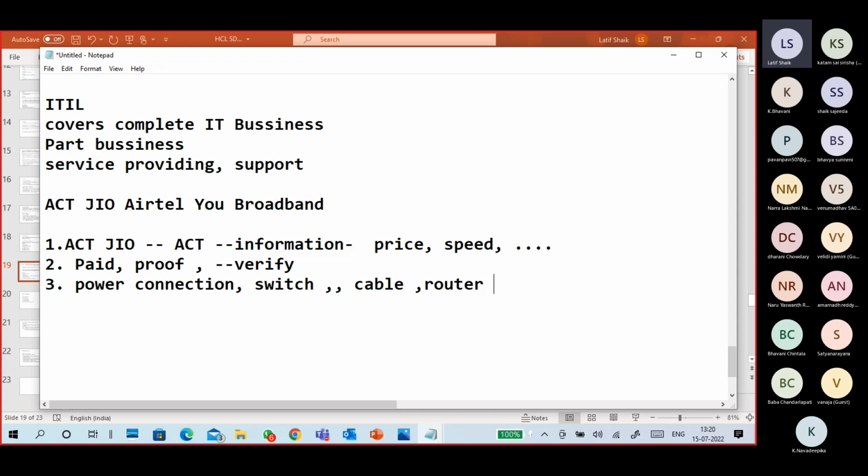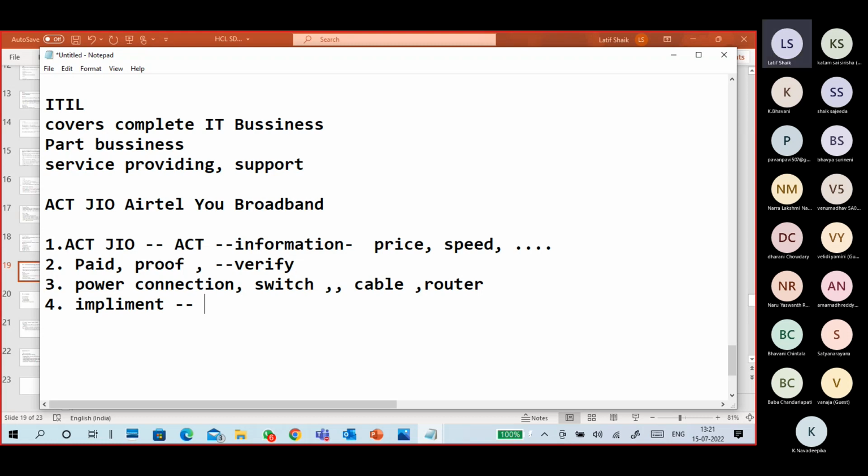This kind of stuff they design. The fourth one is implementation. They started development, or implementing, what was their plan or design. First of all they plan it, then design it.